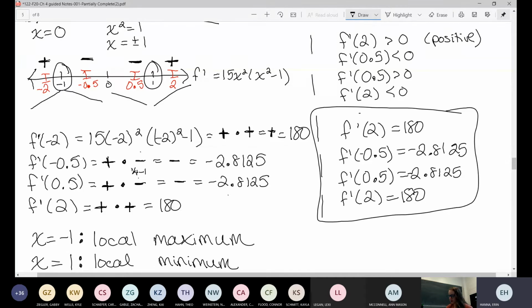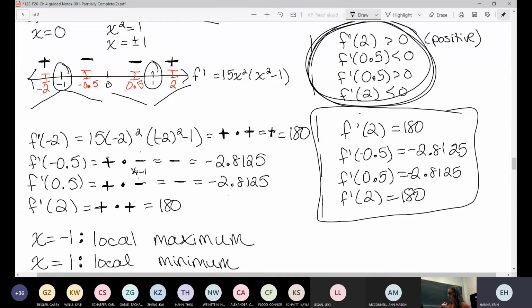I do want to see the fact that you're thinking about plugging these into the derivative and then looking at the value or the sign of the value. So I do want you to show me that somehow. But as long as you note that in some way, you don't have to have the actual value if you don't want to. Because when I do these myself, sometimes I don't find the actual value. Hopefully that makes sense.